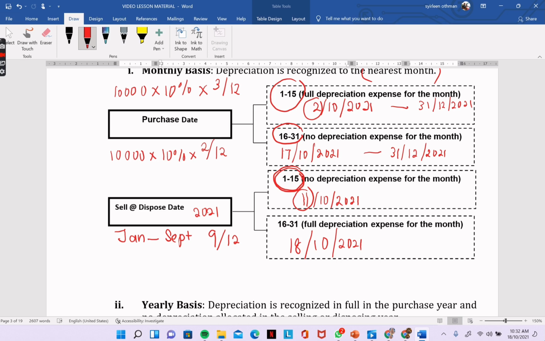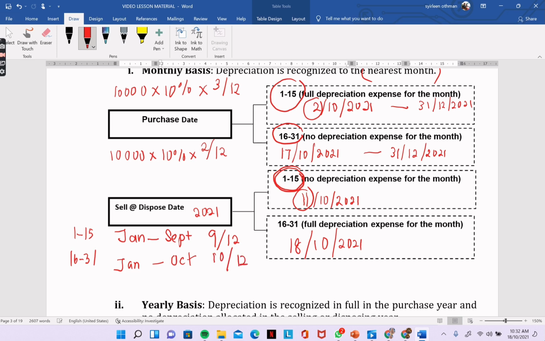So how many months of depreciation for that particular asset for 2021? Okay, that will be January until October. So your depreciation will be calculated for 10 months, which is 10 upon 12.